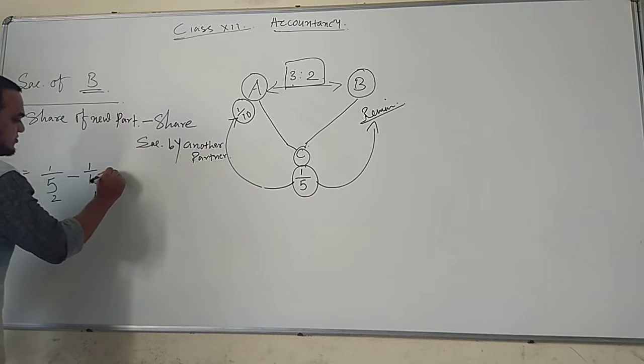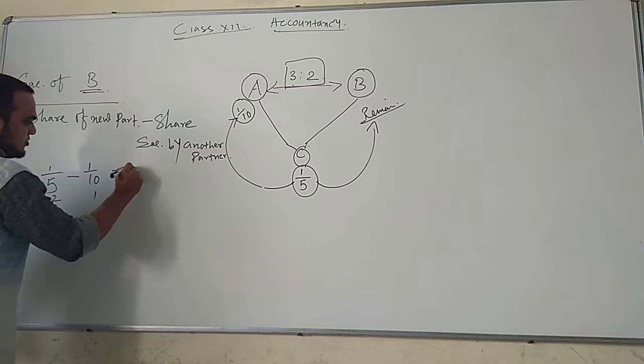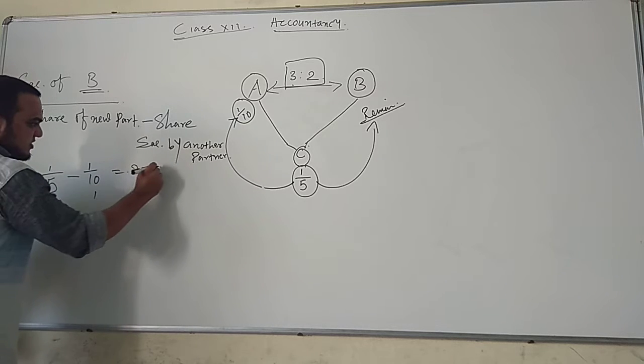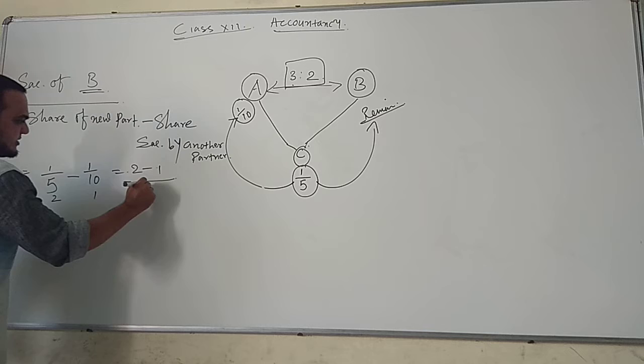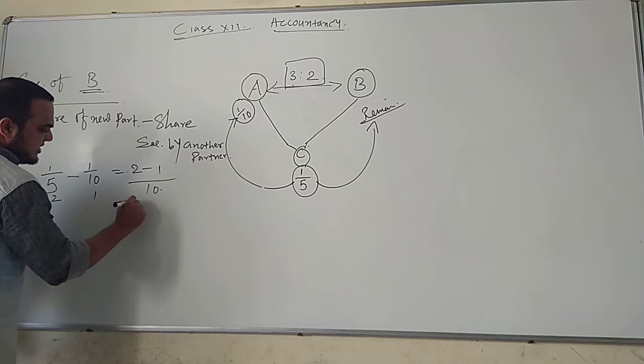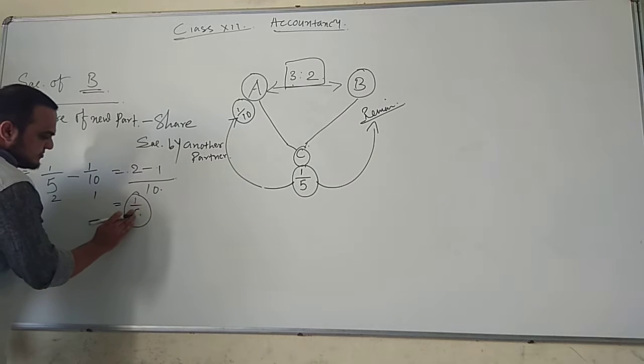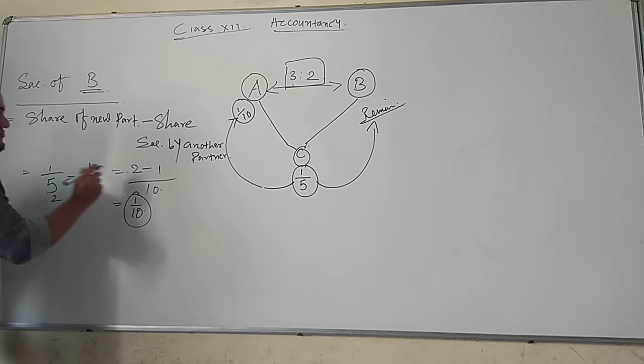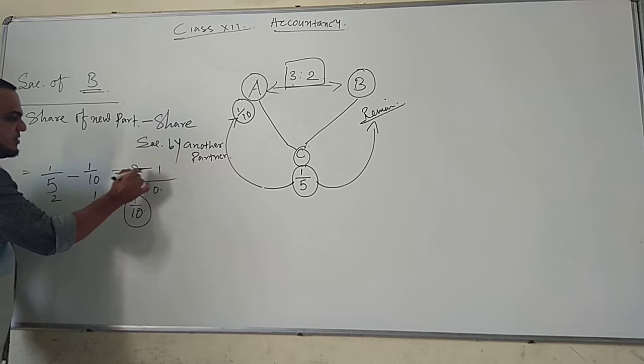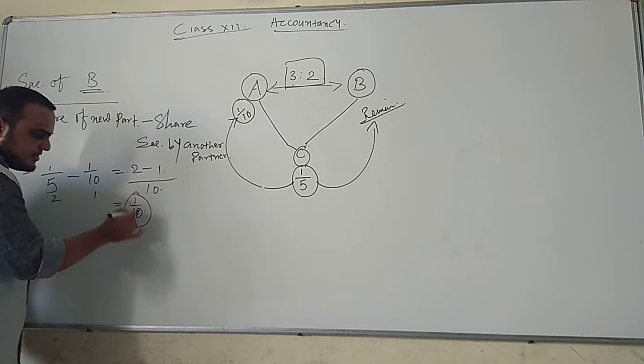So here we do 2 1s are 2 minus 1 1s are 1 upon 10. So we get 1/5, sorry, 1/10. 2 minus 1, that is 1 upon 10.